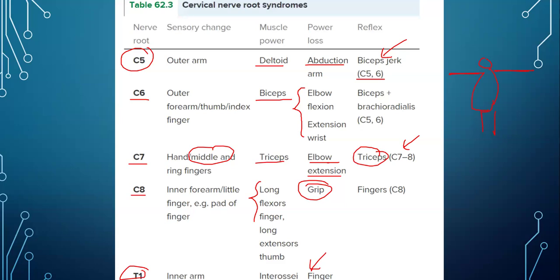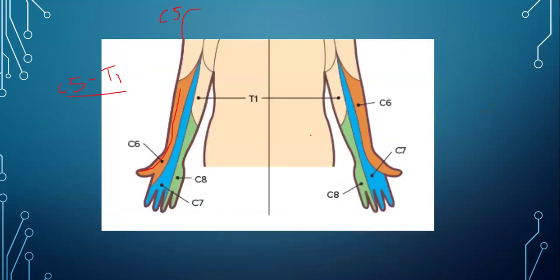Okay, so this is the specific function, the motor function and the sensory function of this brachial plexus, that means C5 to T1. Now this is important because sometimes they give you a scenario, for example patient having weakness of elbow flexion and wrist extension, their biceps jerk is lost. Then you would need to know which nerve has been impinged.